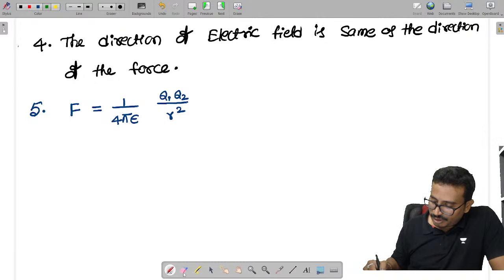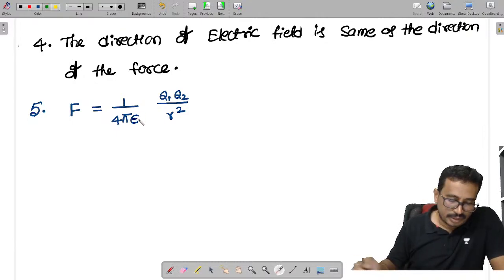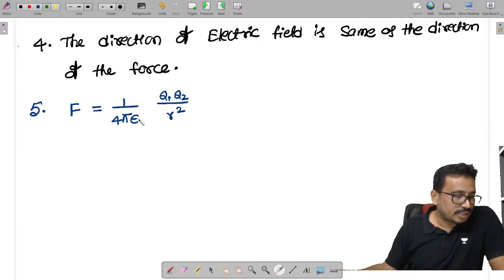Now can you tell me what this epsilon is here? The epsilon is the permittivity of the medium where the charges are placed.